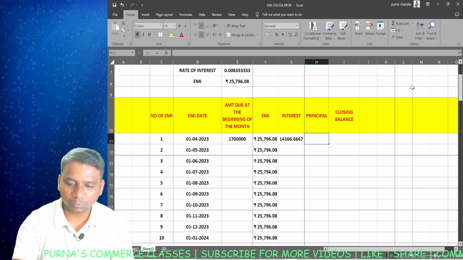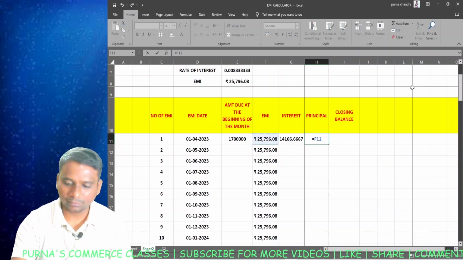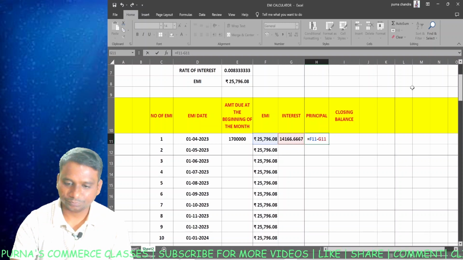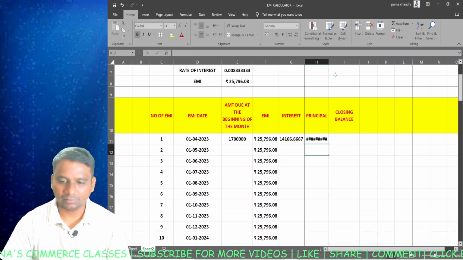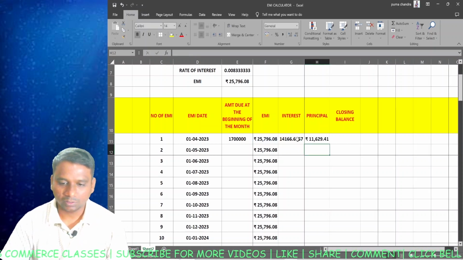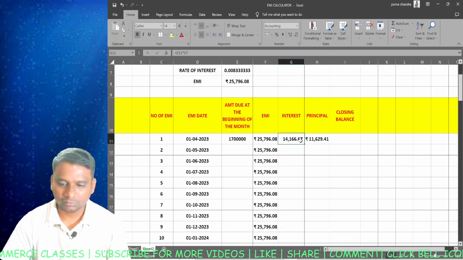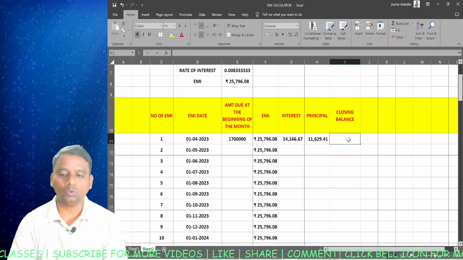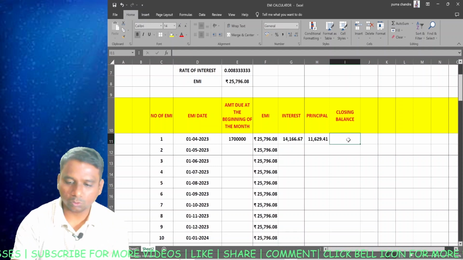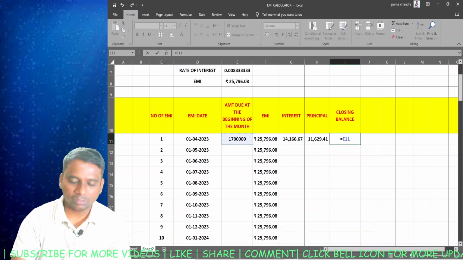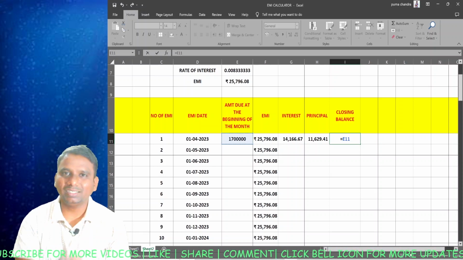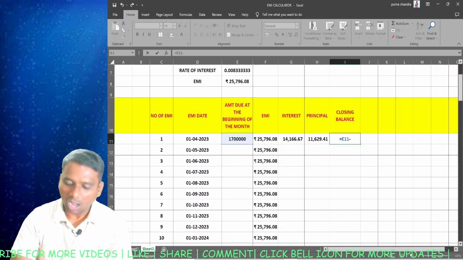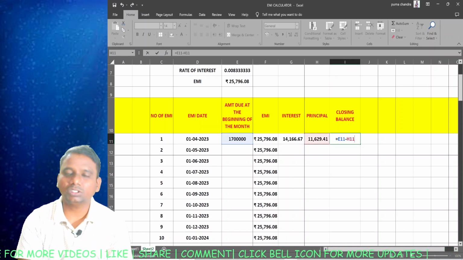How will you get principal portion? From EMI, deduct the interest. You will get principal amount. Here I am taking only 2 decimals. Right, here also 2 decimals. Fine, over. Now, how do you get the closing balance? Actually, beginning of the month, what is the loan outstanding? 17 lakhs minus, out of that, how much principal portion paid?